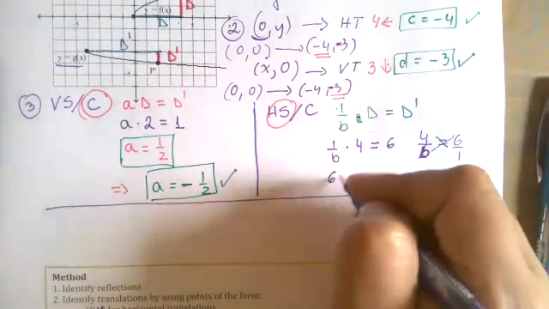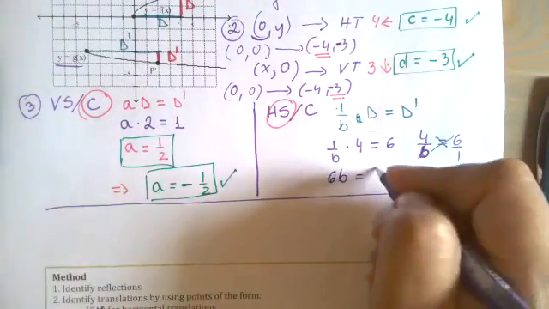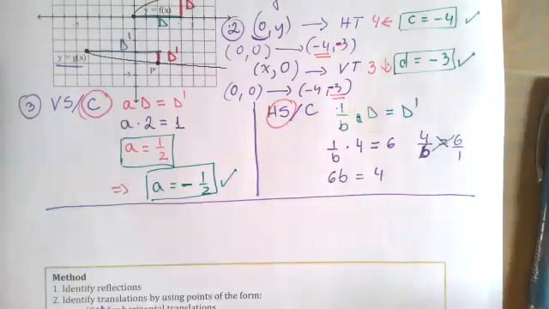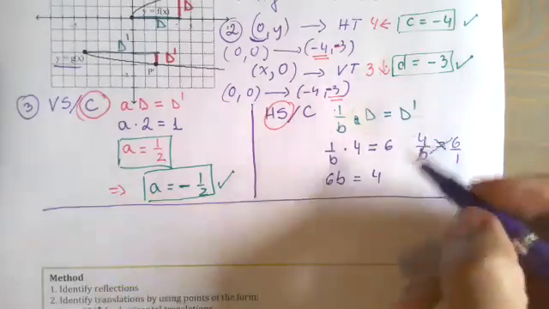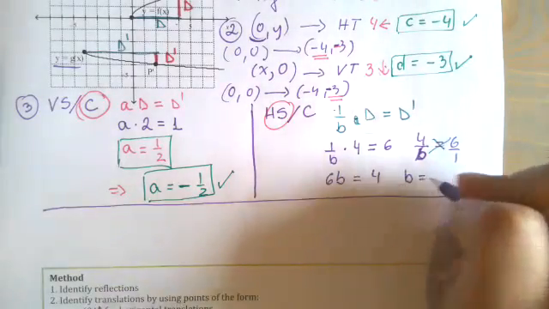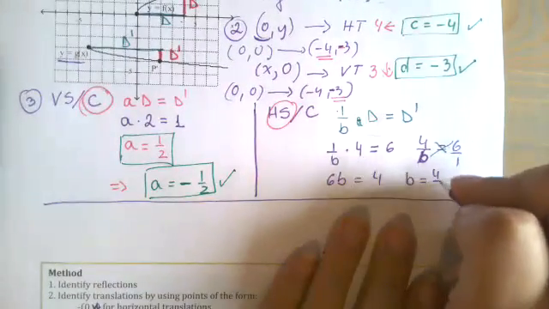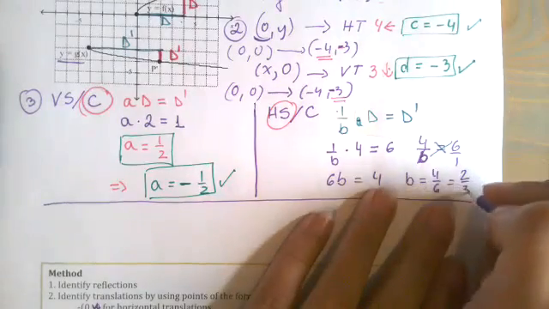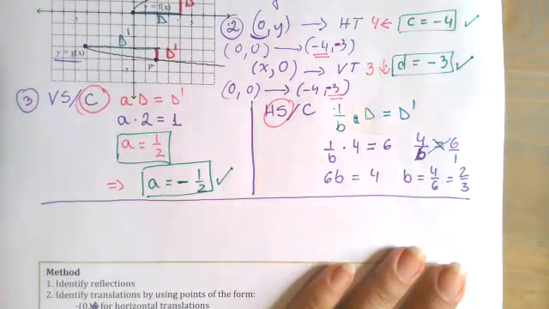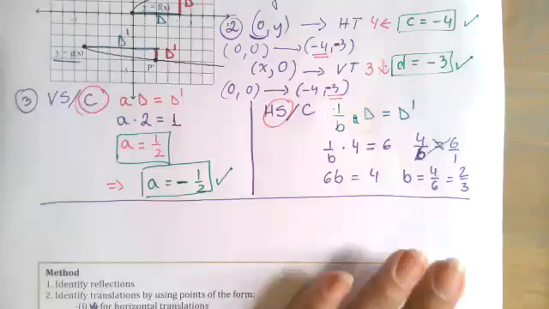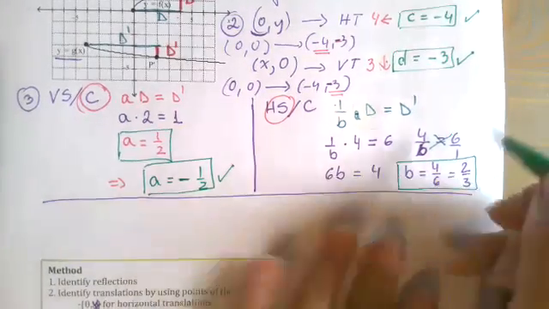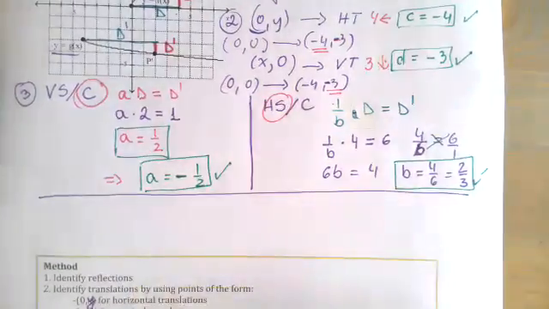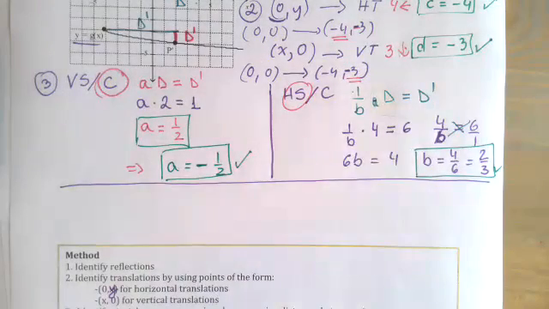I will end up with 6b equals 4 times 1. And then divide both sides by 6, the coefficient of b. So b is 4 over 6 or 2 over 3. And this is the actual b, because we already know it's bigger than 0. So it's not going to change its sign. So it'll stay as 2 over 3.